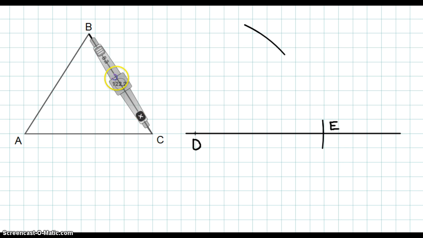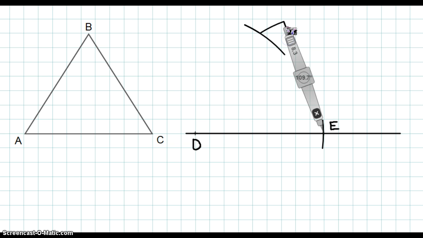And it seems like BC and BA are the same, because I didn't have to change the width between the needle tip and the pen tip. So it looks like BC and BA are the same. Then I move my compass back over here, put my needle tip there, and make a mark.